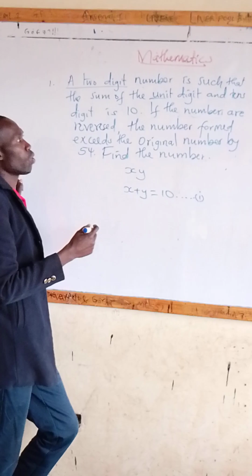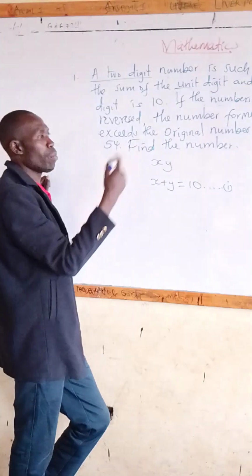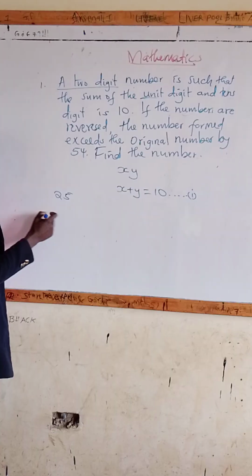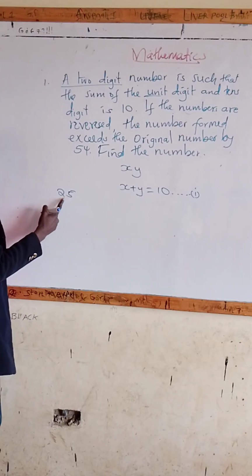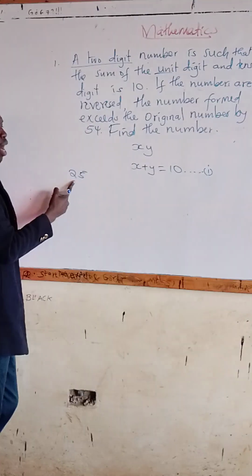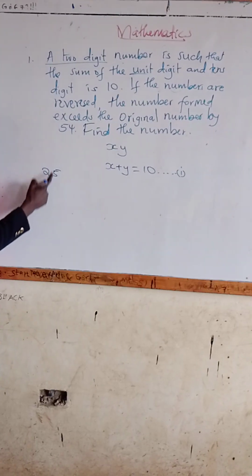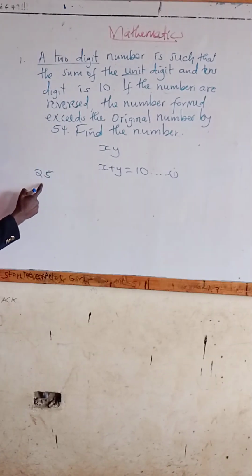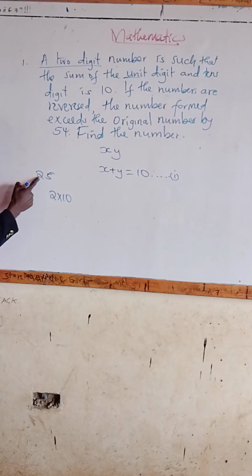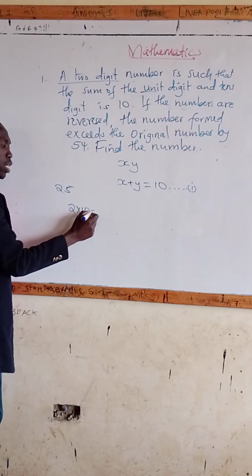Another statement says that when the numbers are reversed, for example, when you have 25, 5 is the unit digit and 2 is the tenth digit. To get this 25, it should not be 2 plus 5. It should be 2 times 10, because this one is the tenth digit, so it becomes 20.